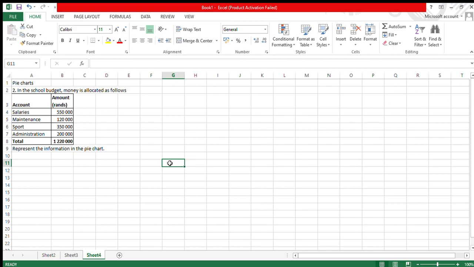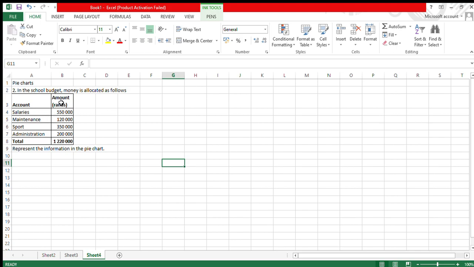So let's start with our pie chart example. It goes like this. In the school budget, money is allocated as follows. You've got the accounts: salaries, maintenance, sports, administration. So you've got about 4 accounts there.